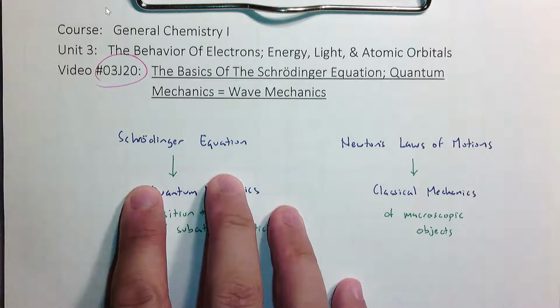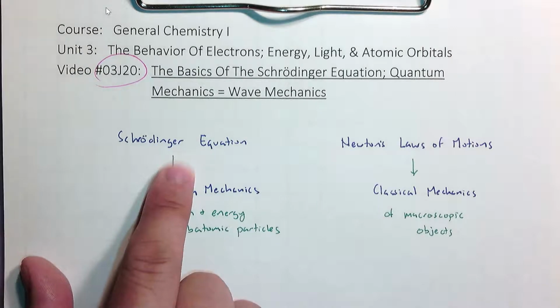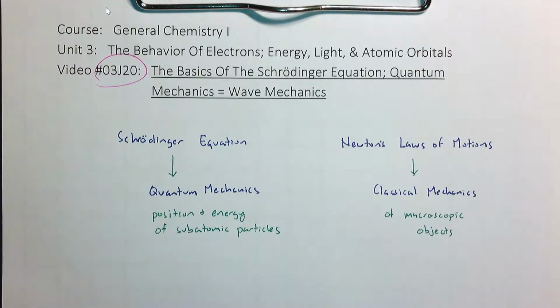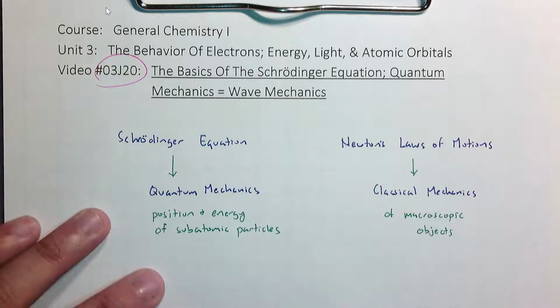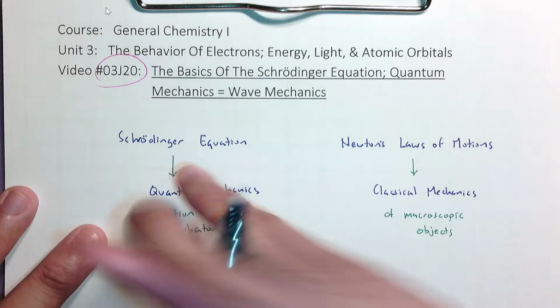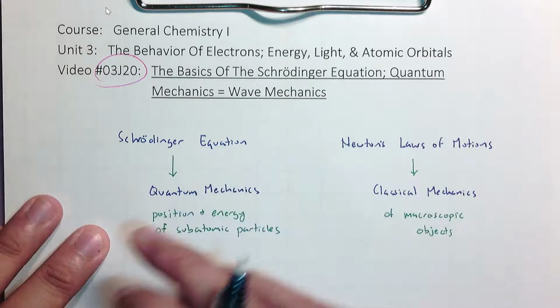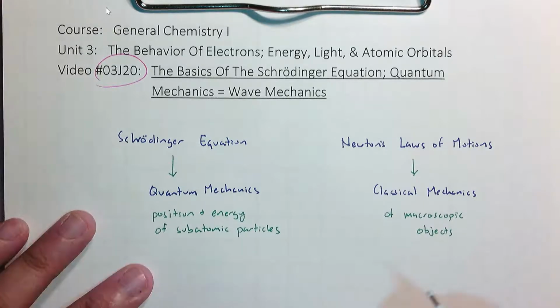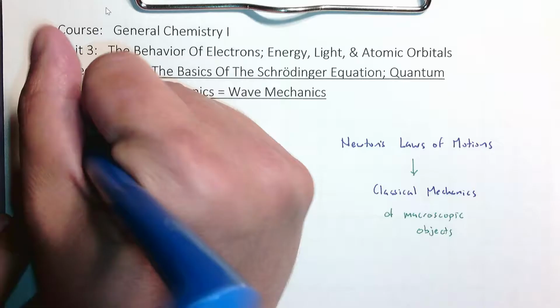Why don't I show you now at least one form, the simple form of the Schrodinger equation. I believe that the Schrodinger equation was developed in the 1920s.